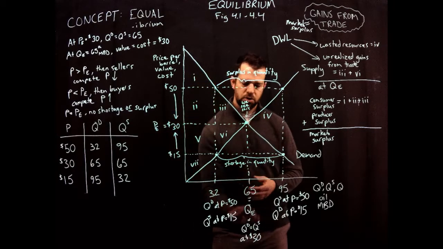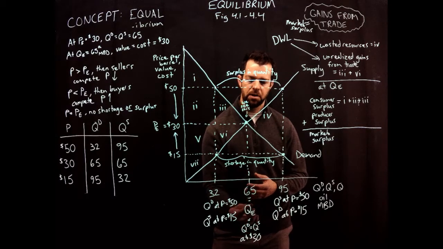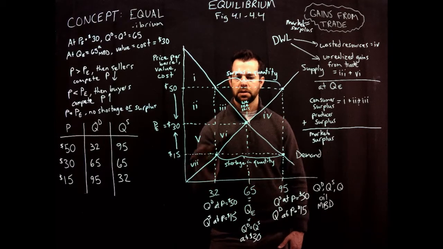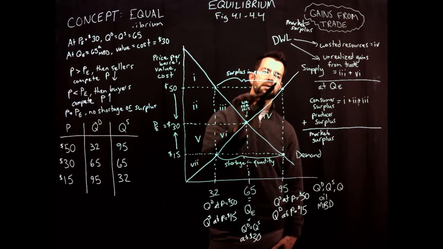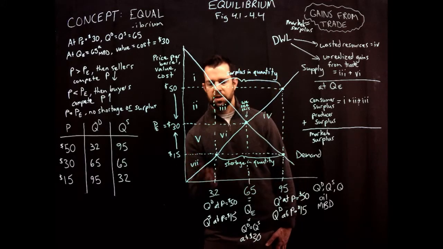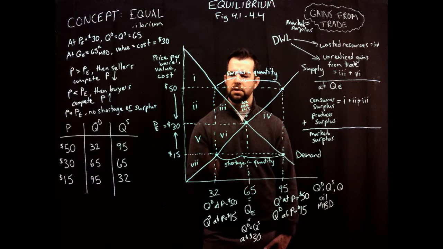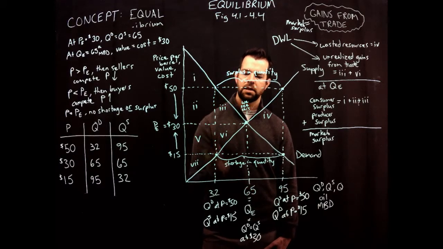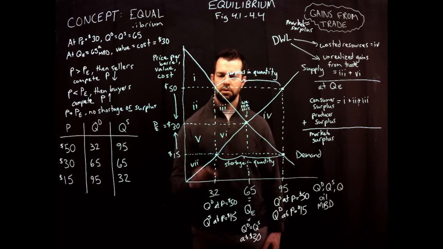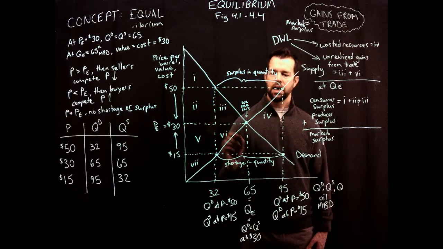So because at equilibrium 65 million barrels of oil are sold, that means that all of these low-cost sellers are the sellers and all the high-cost producers are non-sellers, okay? And so that would be the area above the supply curve, underneath the price sellers are receiving, and to the left of the quantity sold. Okay, so that would be V plus VI plus VII.